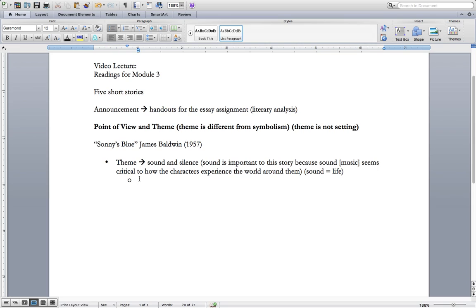So there's a lot to examine in terms of sound and silence, but just to give some examples of the sound and silence in Sunny's Blues, in the beginning of the text, we have the bartender dancing and the jukebox.